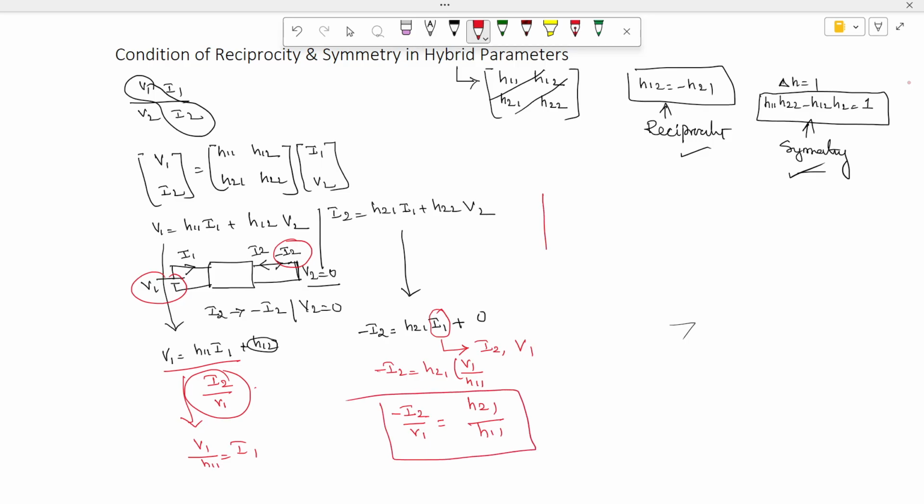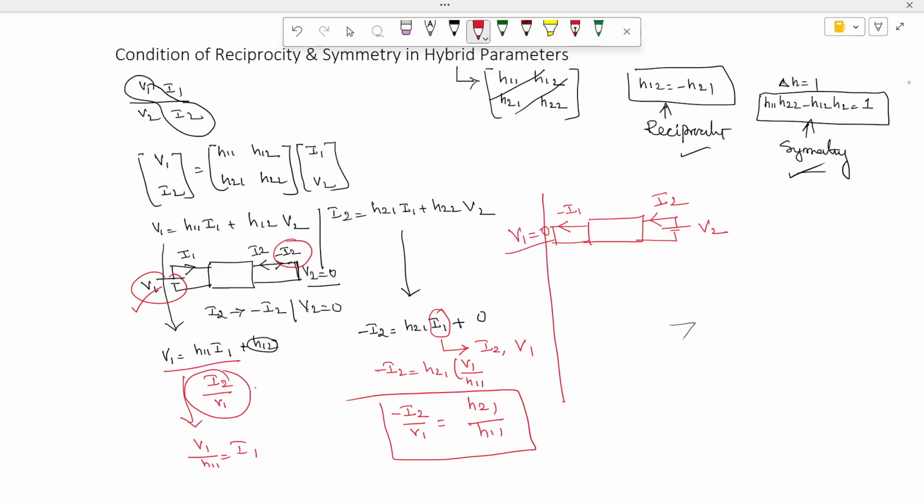Second, we take the same two-port network. Now we give the excitation at the output port V2, and the current flows into the network as I2. Here I am taking the current which is flowing away from the network, which is minus I1. I1 flows in this direction only when I short circuit this port.